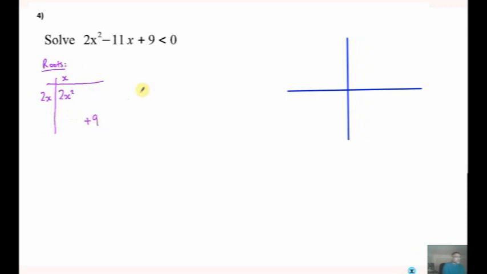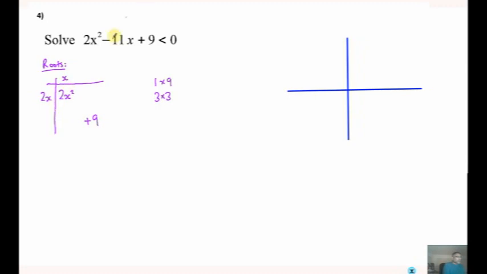Now to make the 9, it can either be 1 times 9 or 3 times 3. I'm going to try the 3 times 3 first. That gives me 6x and 3x. Am I able to add or subtract those to make 11? I'm not, so that was the wrong one to use.